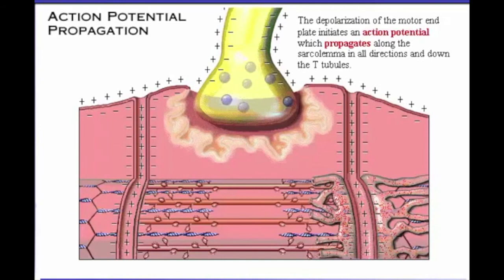The depolarization of the motor end plate initiates an action potential which propagates along the sarcolemma in all directions and down the T tubules.